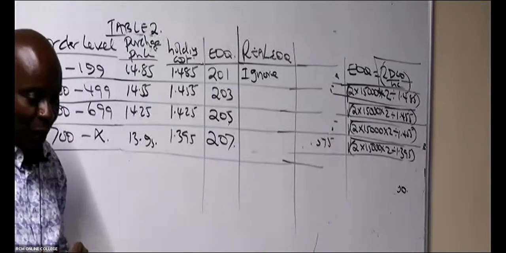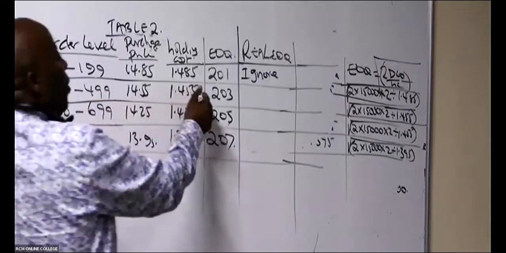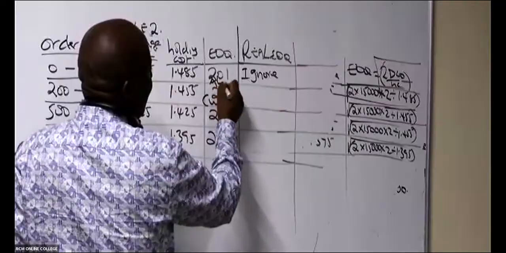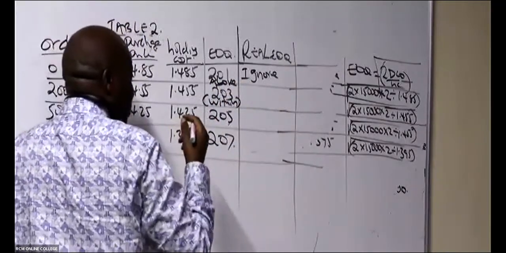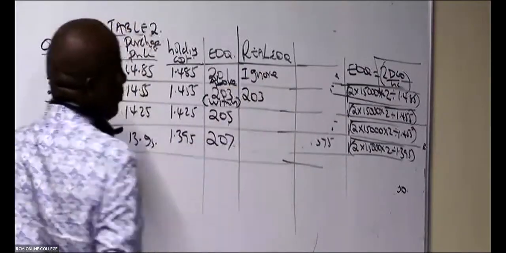Should we ignore it as well? No, we evaluate that calculated EOQ. If it falls within, then it becomes real. So it means that the EOQ to compute is 203.